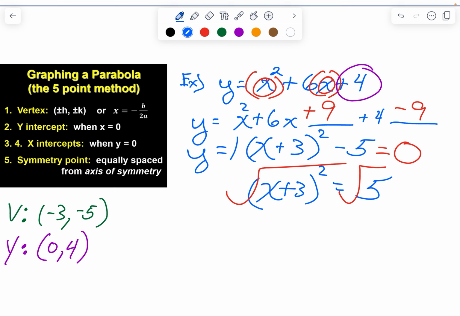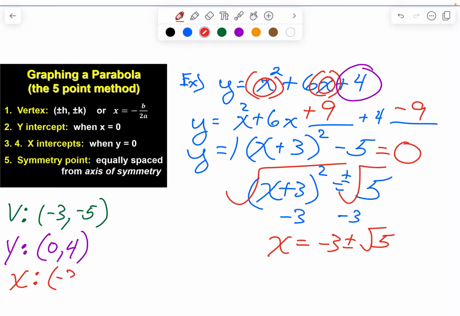Now that's going to get you plus or minus root 5. And when you subtract 3 from plus or minus root 5, you're going to end up with x equaling -3 plus or minus root 5. Okay, nothing's imaginary there, but it does make for some nice x-intercepts.